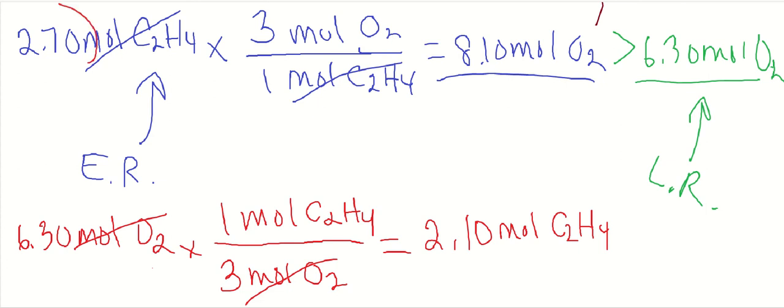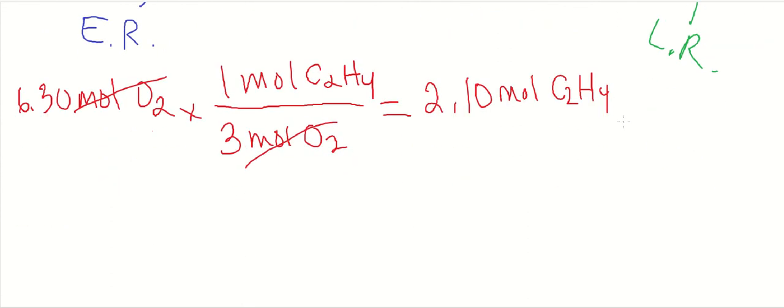That would be perfect. But we have more than that, so let's subtract it off. 2.7 is how much we really have in the problem. I'm not going to write all that out. Minus what is actually going to get used if we started with the limiting reagent.